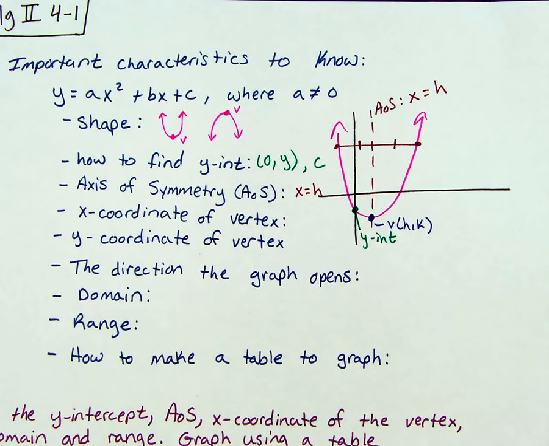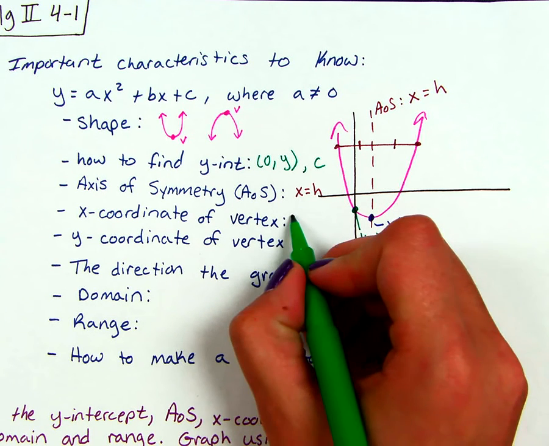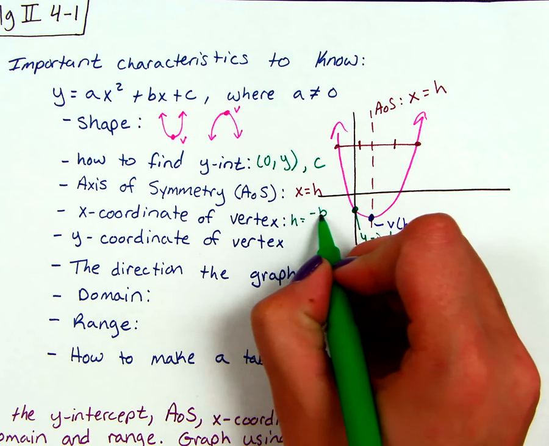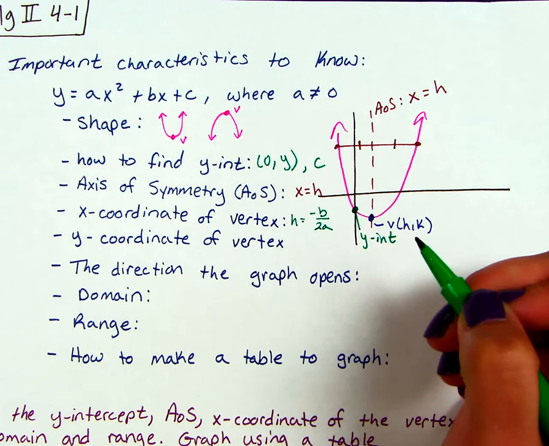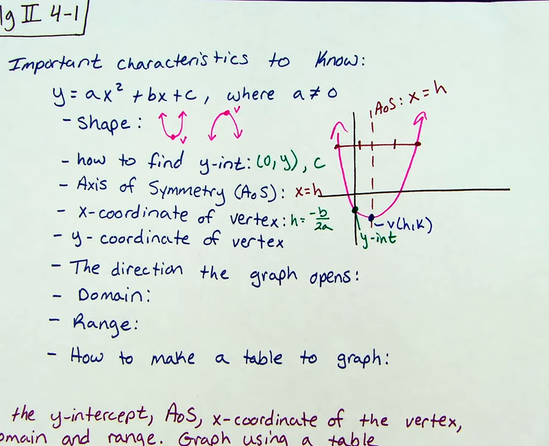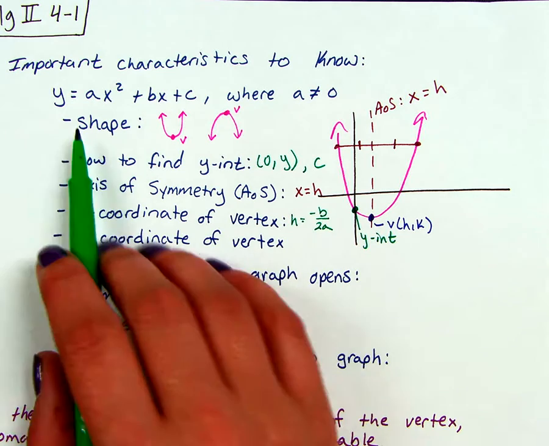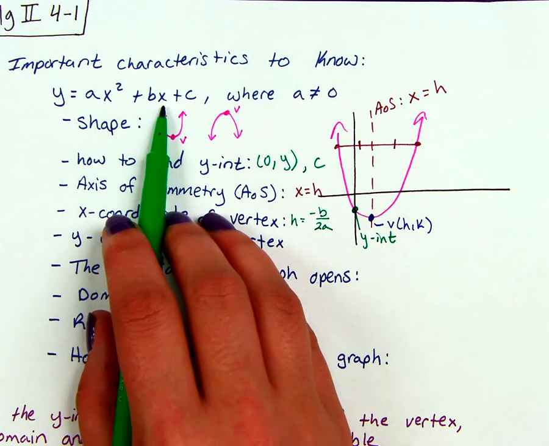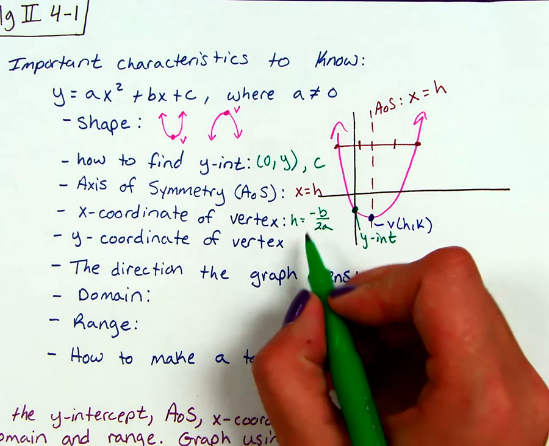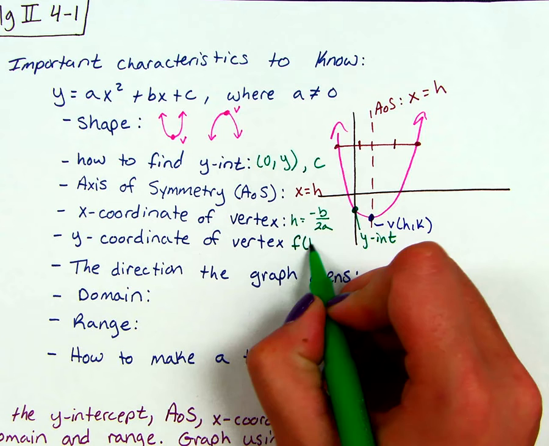So we're going to use h equals negative b over 2a to find our x value of the vertex. And then our y value, we take whatever we get for this number and we substitute it in for the x's to find y. So I'm going to write it as f of h.